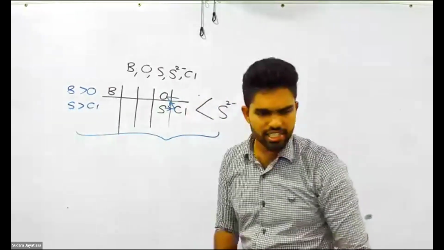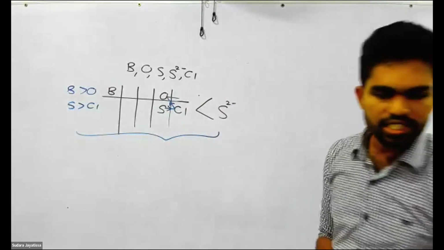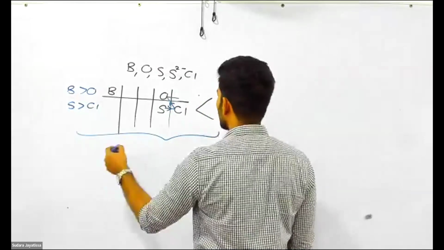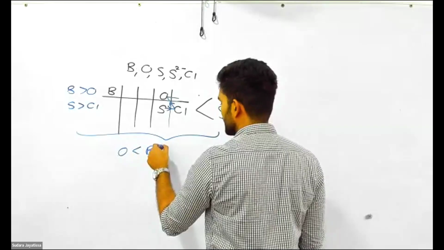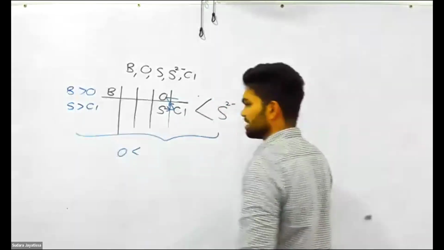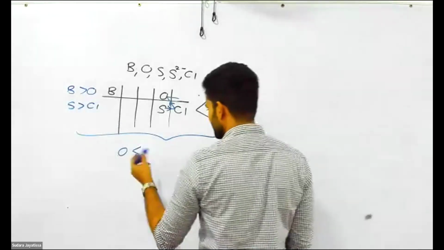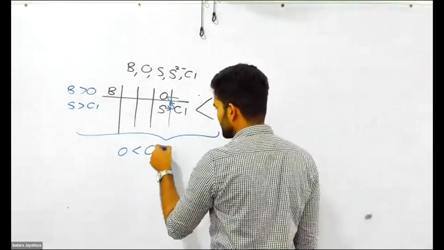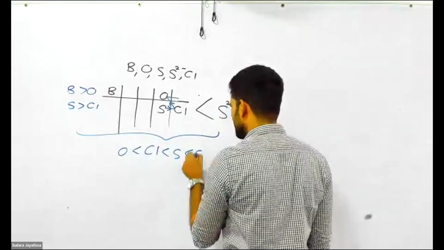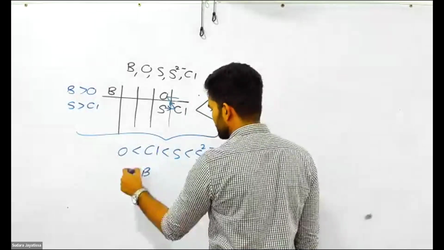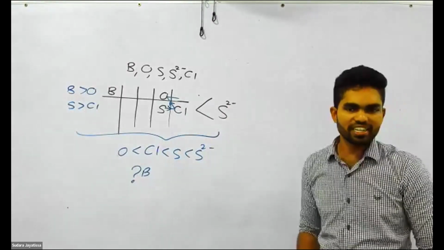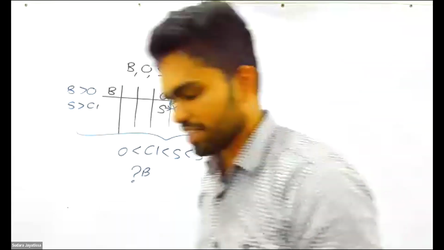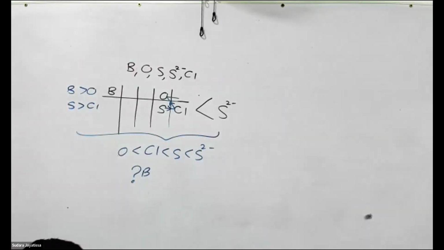Increasing order: the smallest one is oxygen, then boron. Again, we face a small trouble. So let's skip boron and write oxygen, chlorine, sulfur, and then sulfide. Now the problem is where we will place boron. I think in the answers we don't need that. That's the way they ask questions. So without knowing the exact location of boron, we can find the answer.